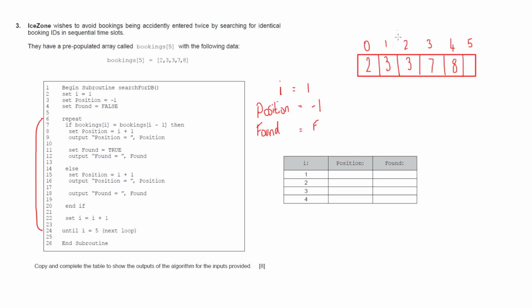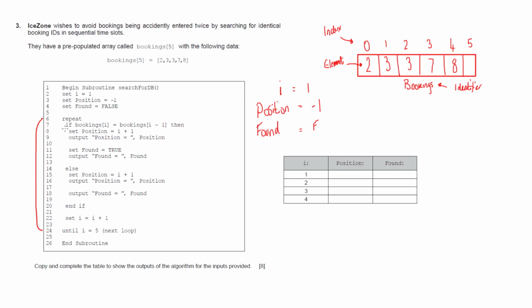So 0, 1, 2, 3, 4, 5. These are my indexes here. An array is made up of different parts. We've got an index, we've got the identifier, which is called bookings, and inside each one of these is an individual element itself. Arrays are of one data type only, and this data type, it turns out, is integer.